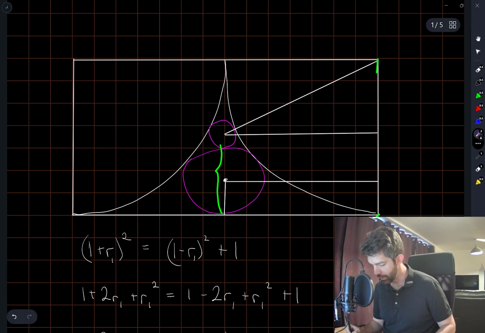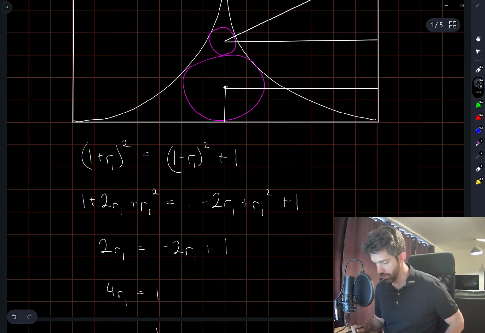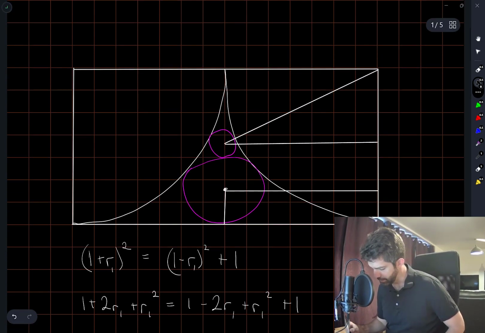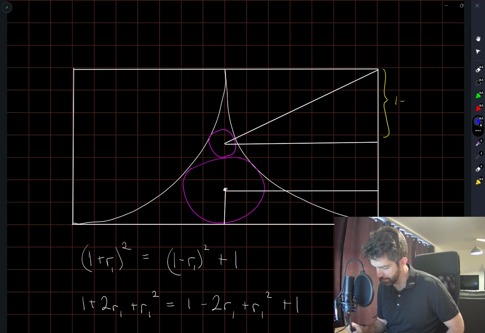And so I can also write down the length of that line. So let me write this out here. This is 1 minus 2r1 minus r2.